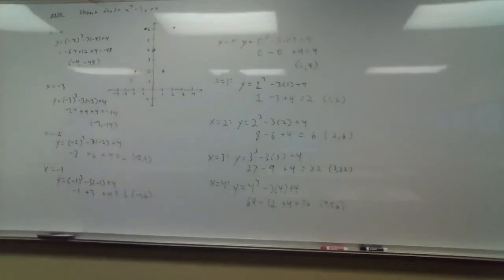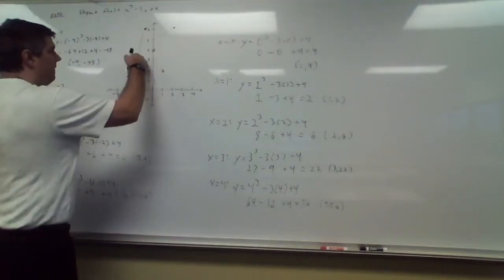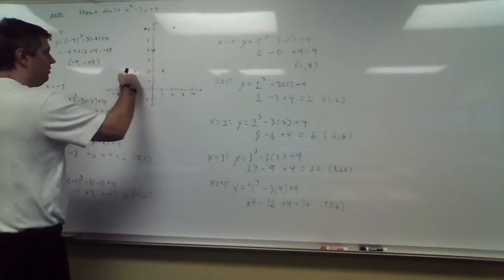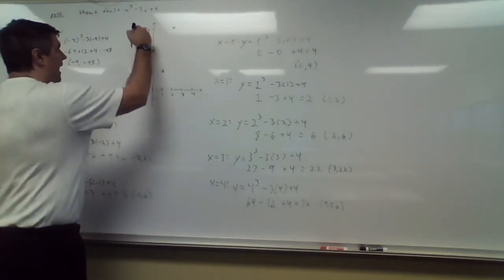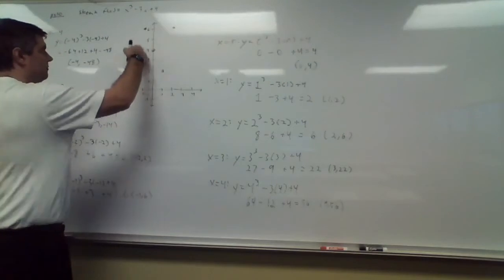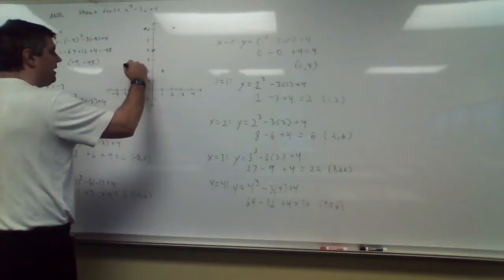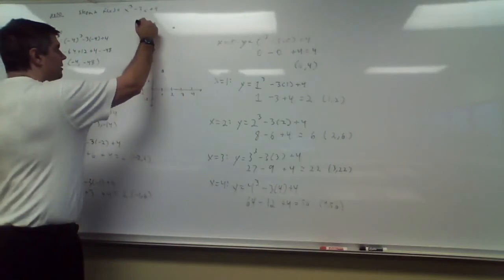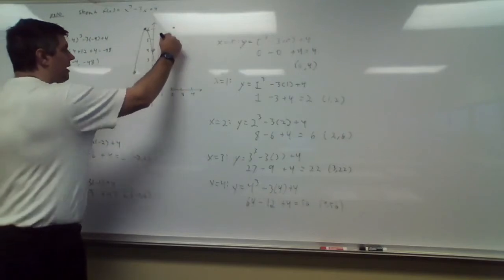Okay? And then, let's try and make it look curve-like. Actually, I'm going to start this over. Okay? I'm going to play a game of connect the dots with the dots we have. So up, back down, here, and then back up.